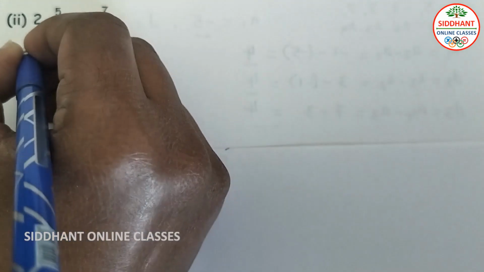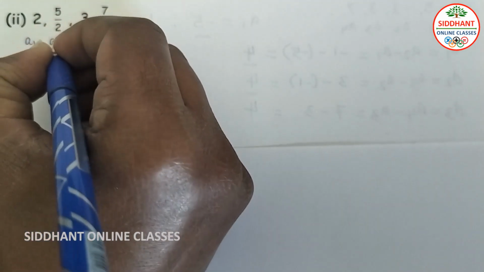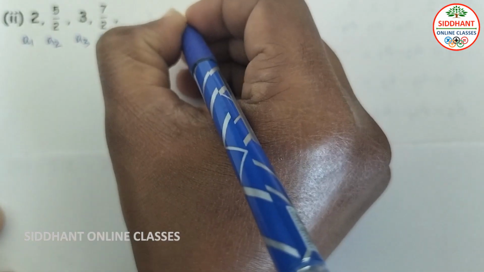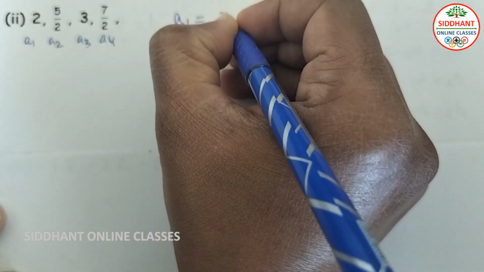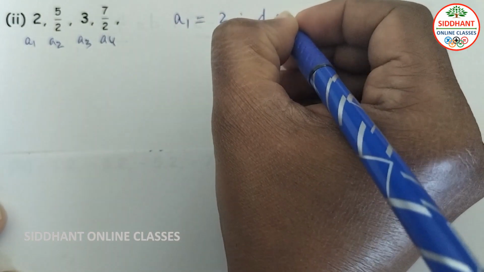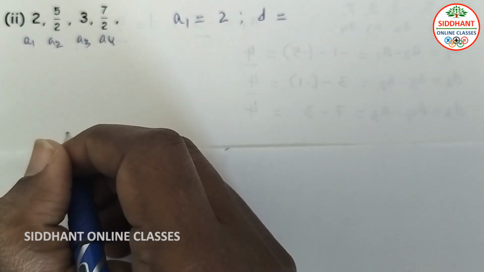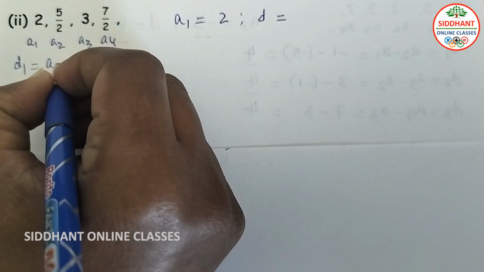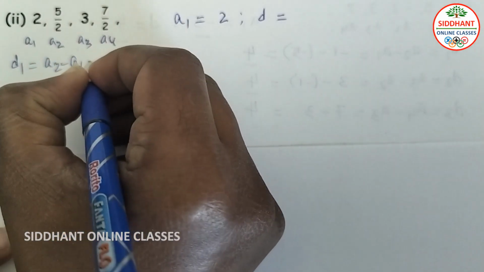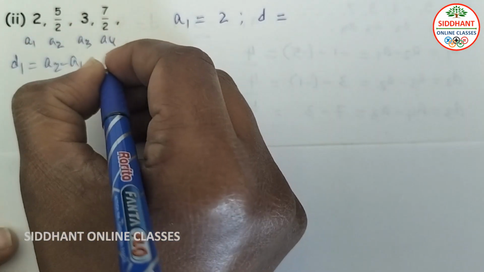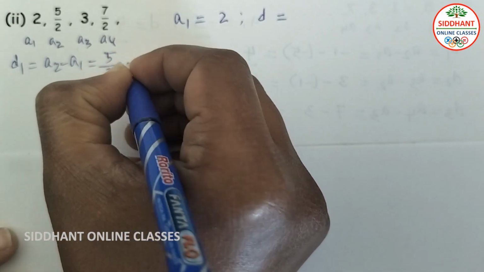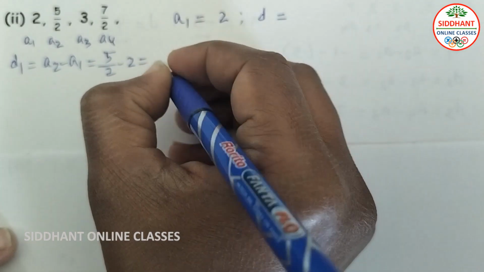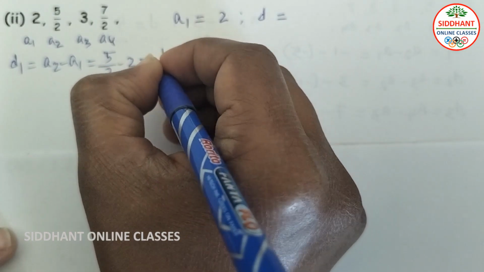Let it be A1, A2, A3, A4. The first term is A1, which is 2, and we are going to find out the D value. Now D1 is equal to A2 minus A1, that equals 5 by 2 minus 2, so that will be 5 minus 4 by 2, which is 1 by 2.